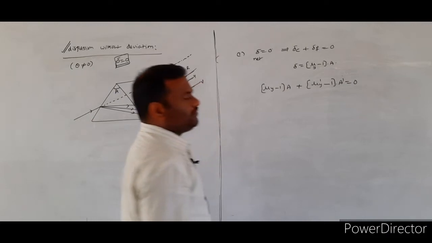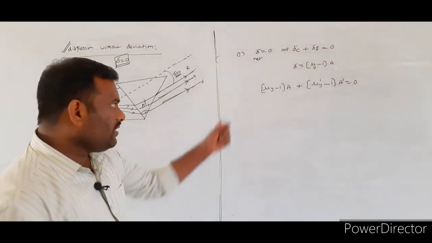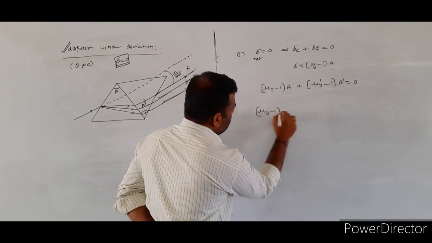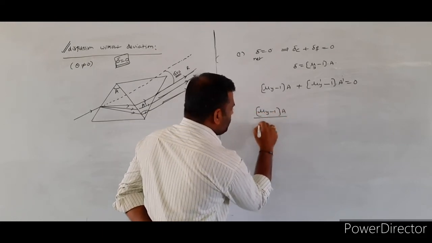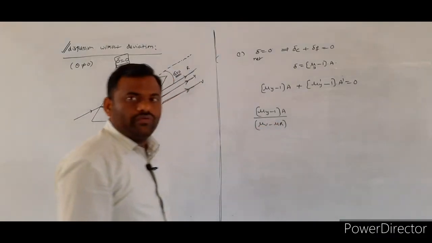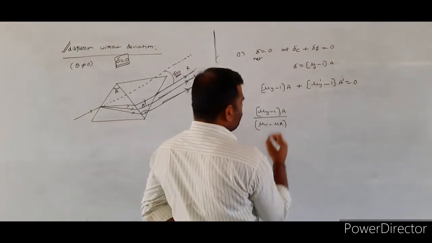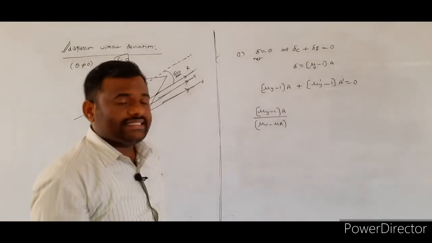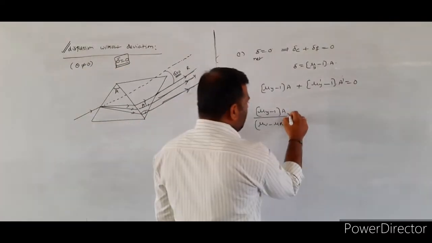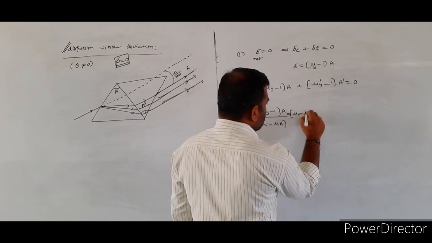Again, this term will be multiplied with mu v minus mu r, and this term will be divided by mu v minus mu r and multiplied with mu v minus mu r.